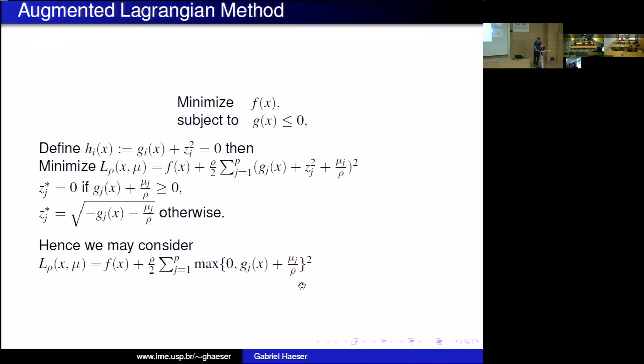And so this is the correct term for the augmented Lagrangian. If you have inequalities, you could redo everything that we did before using this augmented Lagrangian function, but you can use this trick and it's the same.